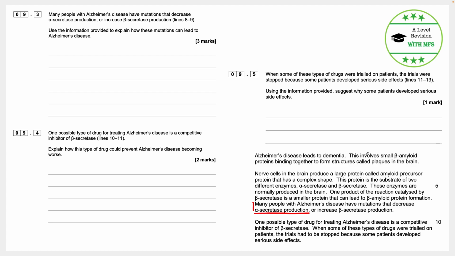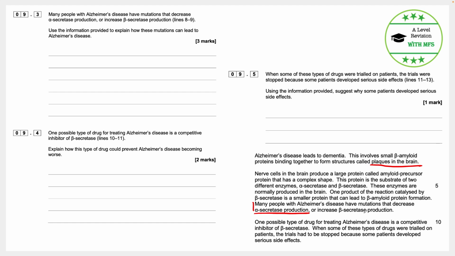It says here this involves small beta amyloid proteins binding together to form structures called plaques in the brain. So if we increase the amount of substrate that can bind to beta secretase, there will be greater plaques formed in the brain. That's the effect of the mutations and how it can lead to Alzheimer's disease. If you read this text, Alzheimer's disease leads to dementia, and that involves small beta amyloid proteins binding together to form structures called plaques in brains.